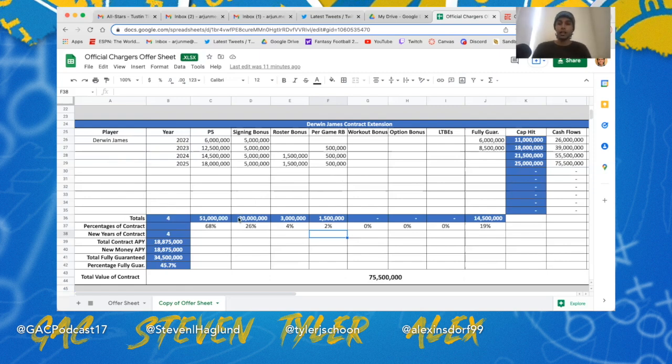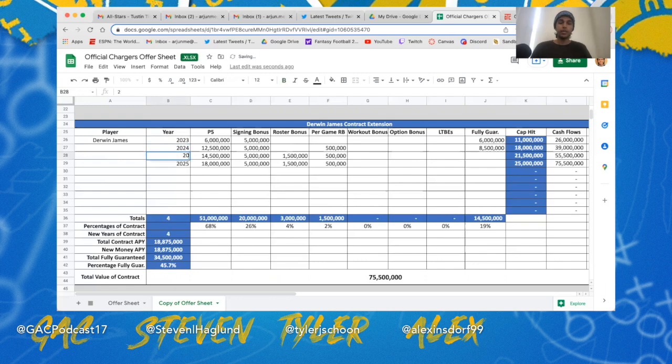Now, full disclosure, this $20 million signing bonus can easily go up to like 24 if they really wanted to. What I mean by this is when they sign Derwin James to an extension, I think the standard NFL practice is when you sign a player from a rookie deal on his 5th year to an extension, you convert half of their base salary in their 5th year to a signing bonus.